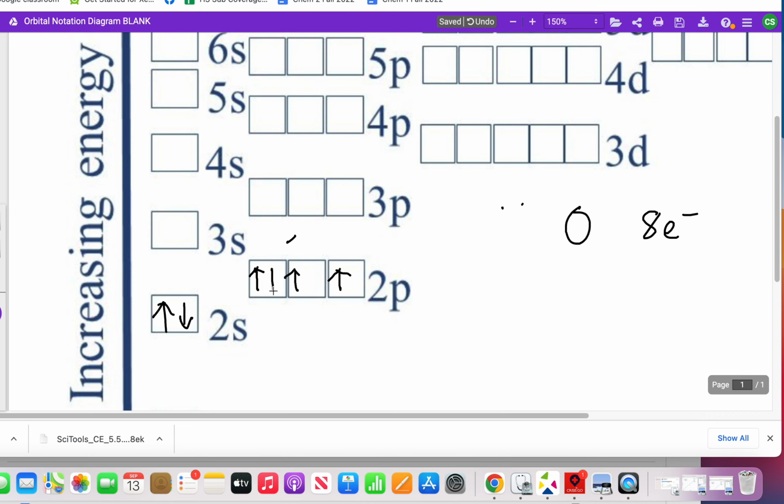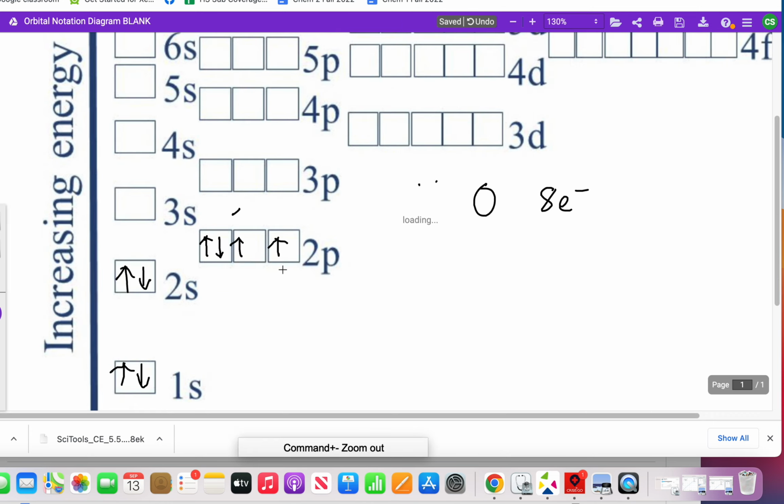I'm going to put 1 more in, 4. Okay? And so there I put 4 electrons in. If you count 1, 2, 3, 4, 5, 6, 7, 8. Now, Hund's rule, each orbital got 1 before I started pairing up. Okay, now we can write the electron configuration. 1s2, 2s2, 2p4.